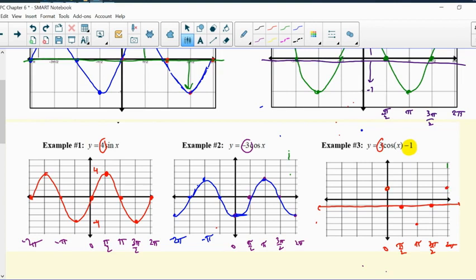So again, thinking about amplitude, our amplitude is 3, which means I'm deviating 3 from that line of symmetry. So 3 up here, that takes me to 2. 3 down here, that takes me to -4. So if I think about the distance between 2 and -4, that's a distance of 6. Half that distance is 3.